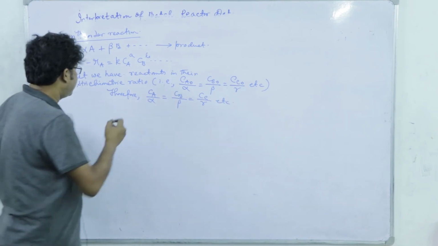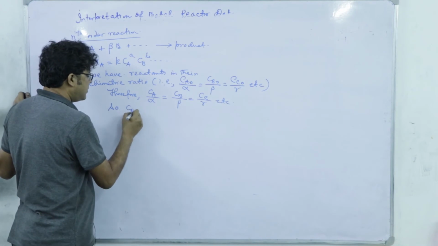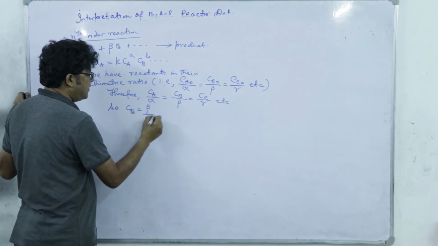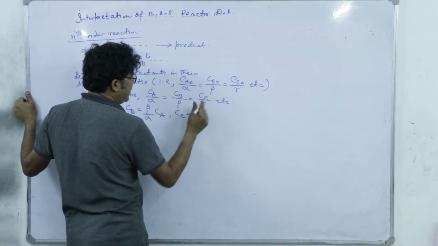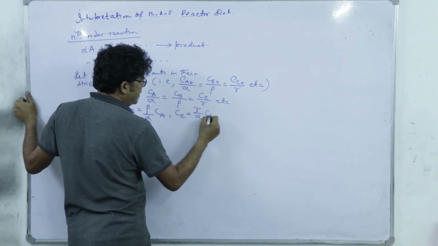So, Cb is beta by alpha Ca, Cc is equal to gamma by alpha Ca, etc.